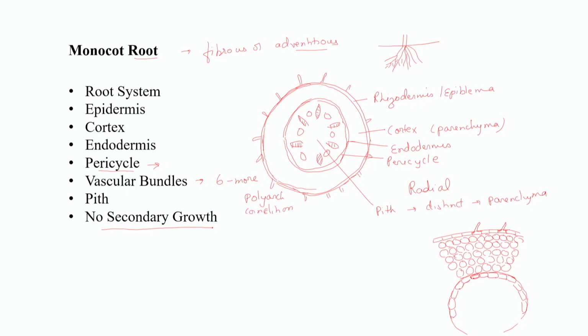Thick walled cells will be there on the radial walls as well as transverse walls. These thickenings will be there. Then this will be followed by pericycle, followed by xylem and phloem patches. See, in this the pith is bigger, so this is also one difference between monocot and dicot root.